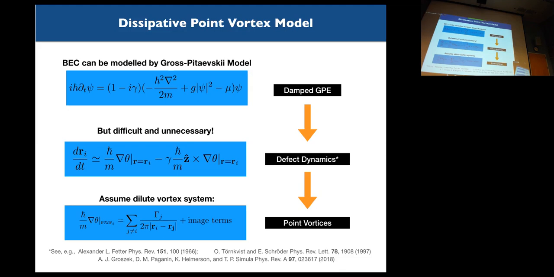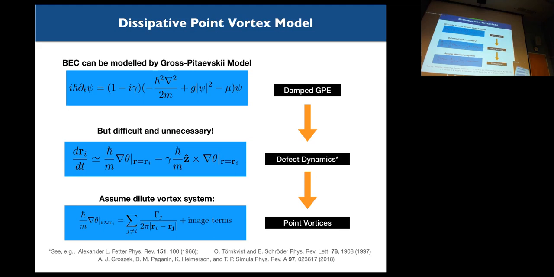As was actually shown in Tapio's talk, you can just look at the dynamics of the vortex positions, which is expressed entirely in terms of the gradients of the phase and the density of the condensate wave function. And since I'm considering a uniform system here, you only have to worry about the phase gradients.